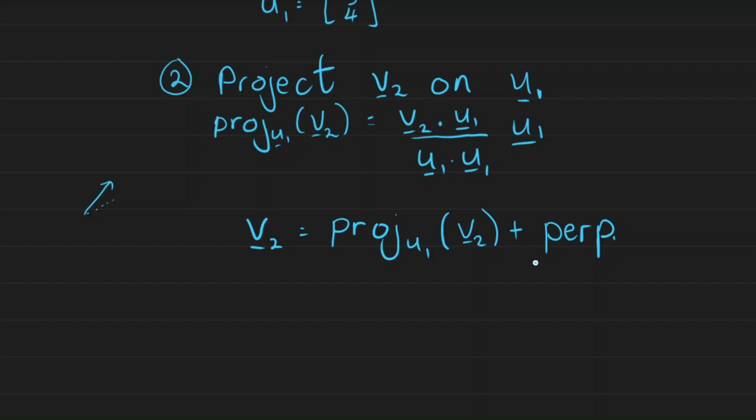And now we're saying that this is this component, and we have a perpendicular component. So we're going to multiply both sides of this equation by some kind of constant, a scalar constant. So that will be c. So we have cv2 is going to equal c times this projection of v2 onto u1. So we'll show that as c times u1 plus c times this perpendicular component.